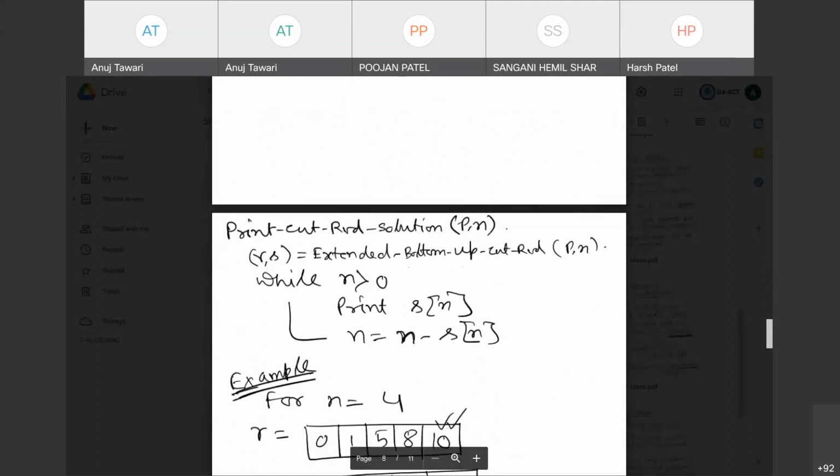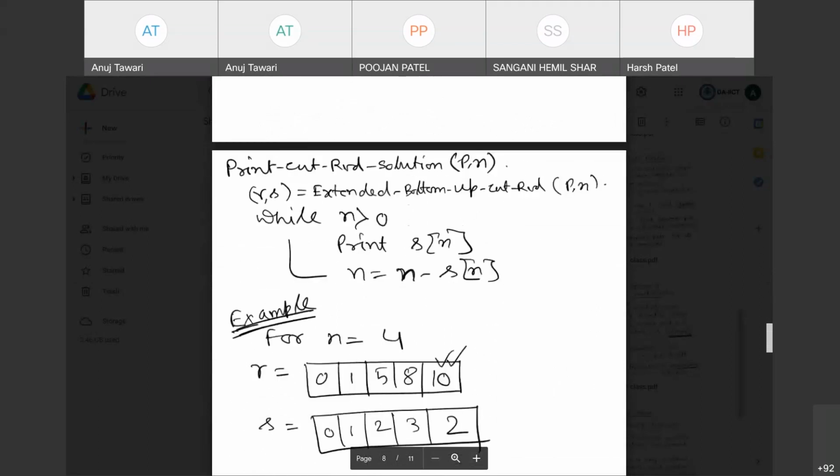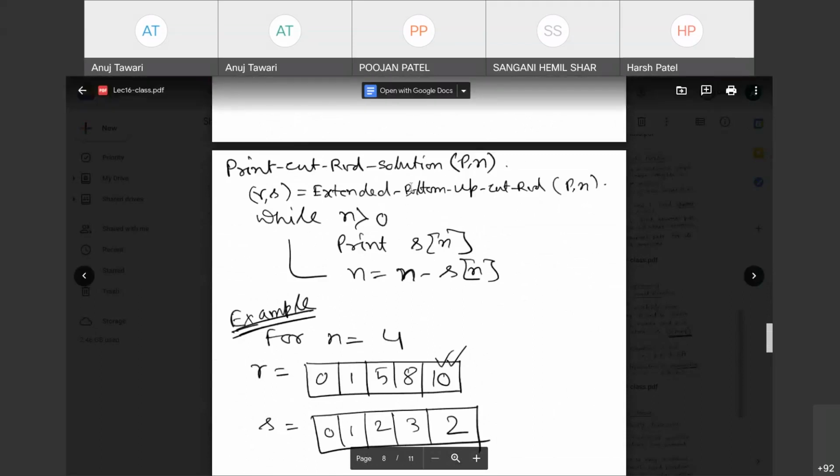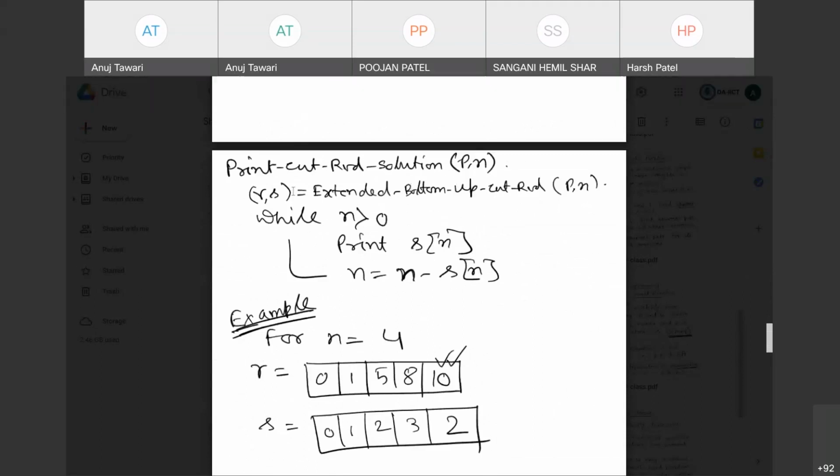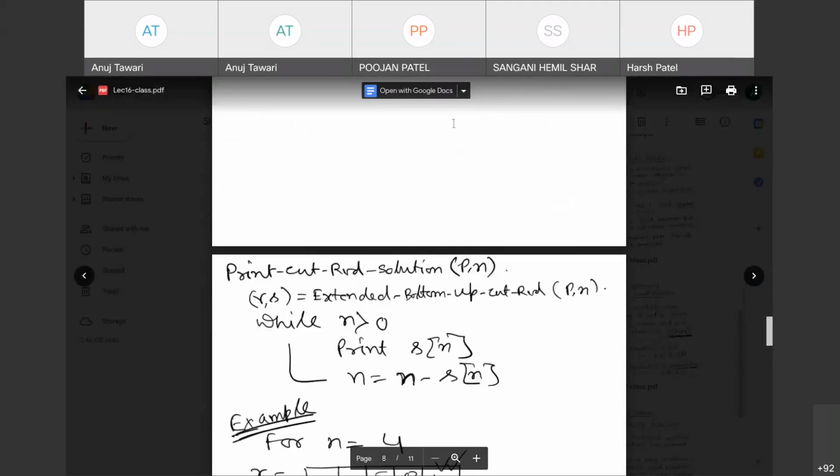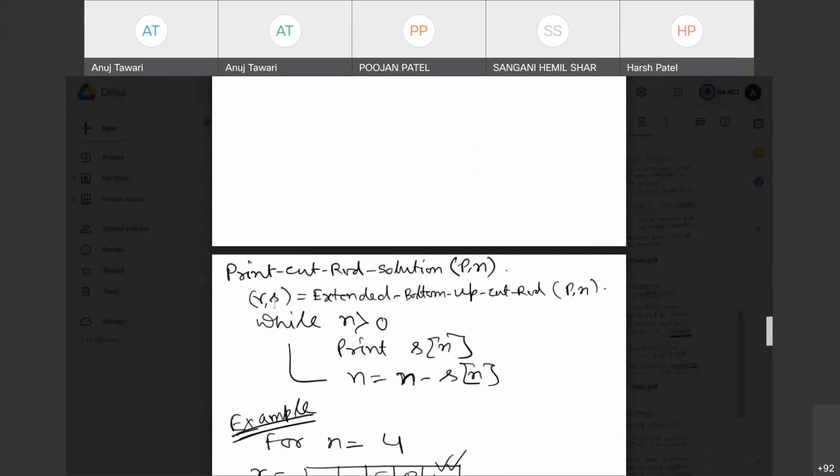It's fairly straightforward, and you can have this print cut rod solution, which is r comma s is the extended bottom-up cut rod. It will consist of two arrays, r and s. r is the total revenue which you are storing, and s will tell you where to make the required cuts.